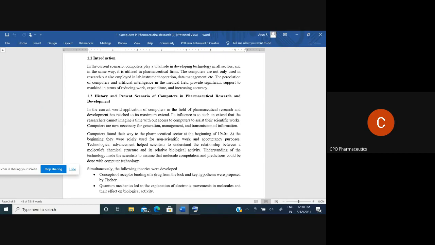Okay, then once you are able to quantify the chemistry, automatically we can predict by using mathematical models. Please try to understand what I'm intending to tell: computers were initially used for accountancy purposes. After that, researchers found the relationship between molecule and receptor, like a lock and key mechanism.